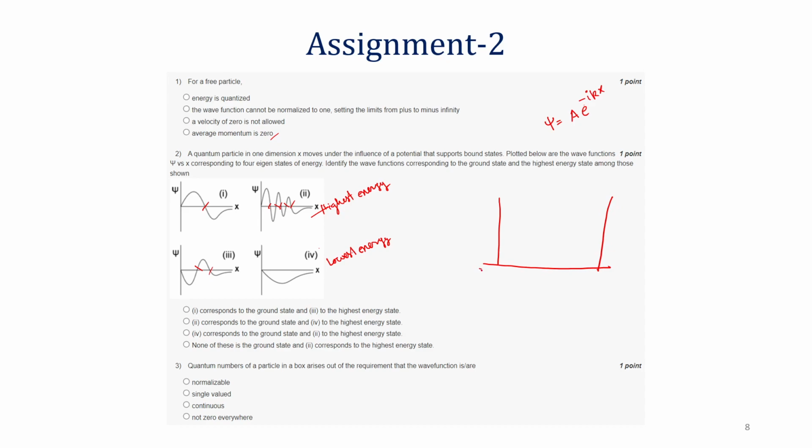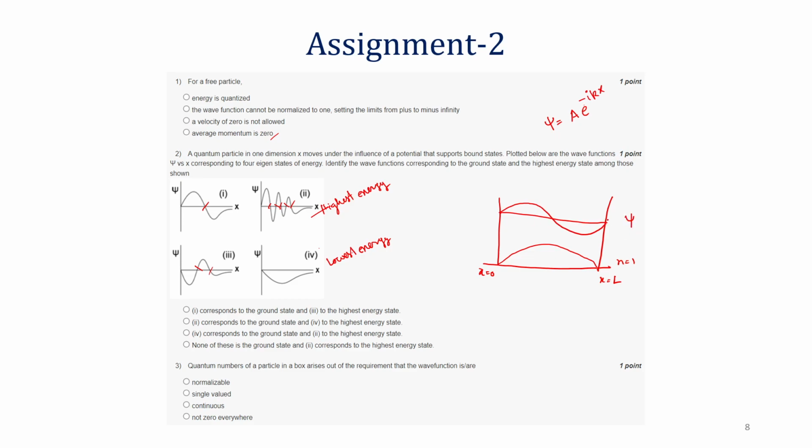Here x is equal to 0 and x is equal to L. As we already know, this is n equals 1, the ground state, and this is n equals 2.